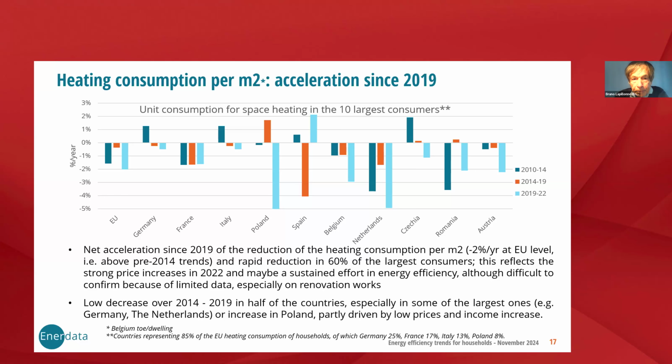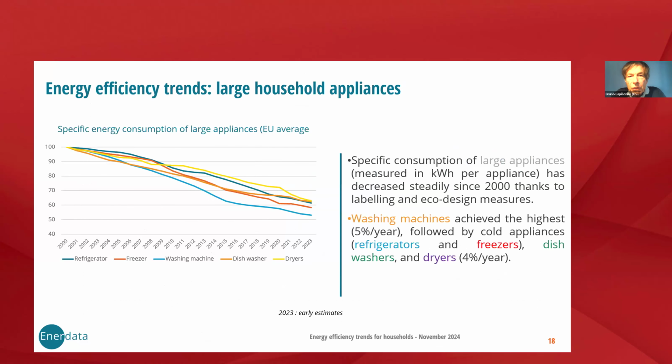Now, if you shift to another end use, which corresponds to the large appliances, refrigerator, freezer, washing machine, and so on, you can see that the specific consumption measured in kilowatt hour per appliance has decreased very rapidly since 2000, thanks to all the measures implemented, labeling, eco-design, and so on.